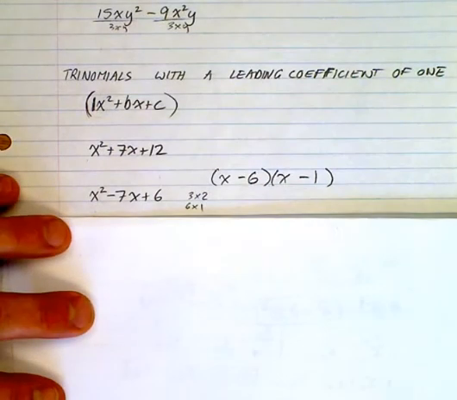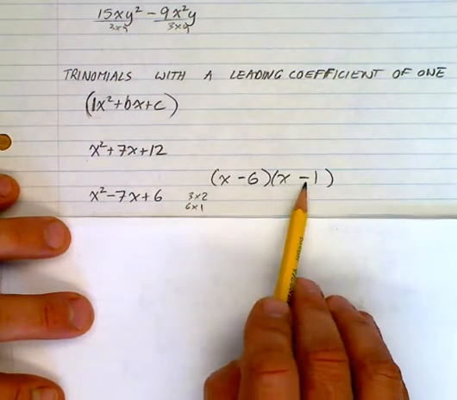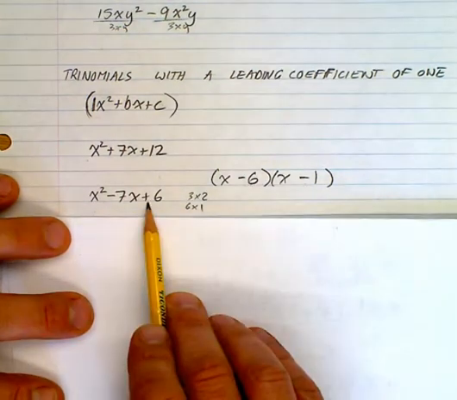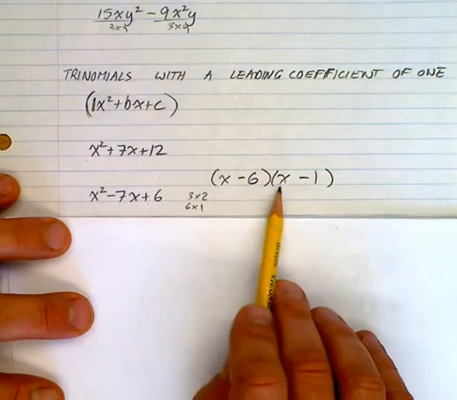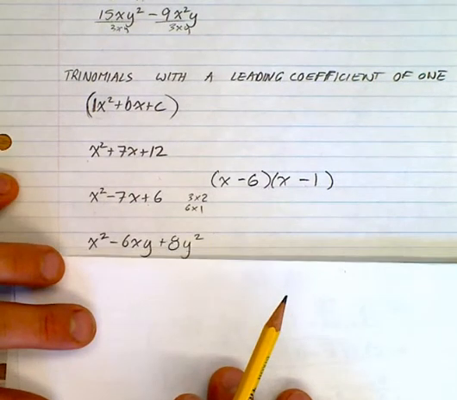Minus 6 minus 1, and that, you can always check, right? Minus 6 times minus 1 gives me a positive 6. So that works out well too. Okay, minus 6x minus 1x minus 7x. Bingo.